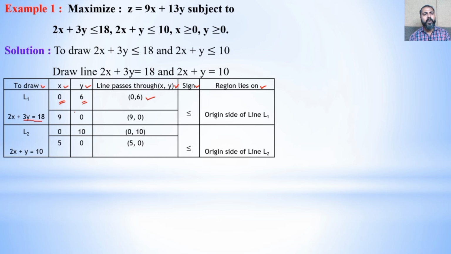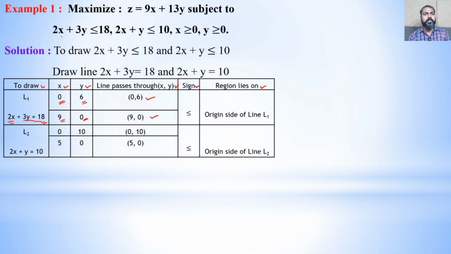Now, to find the point of intersection of the line with x axis, we put y = 0. When we put y = 0, we get 2x = 18. Hence, we get the value of x as 9. Therefore, point of intersection with x axis is (9, 0).